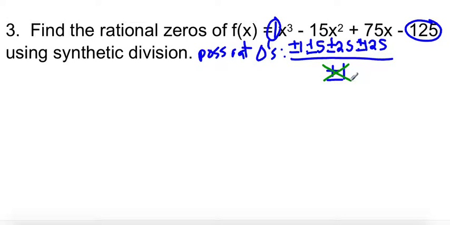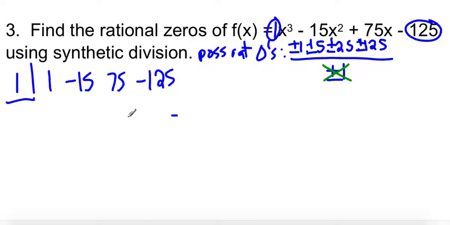Okay. So instead of just plugging them in with my calculator, doing f of 1 and f of -1 and f of 5 and f of -5, I'm just going to use synthetic division to try and plug 1 in. I'm going to try 1 because 1's easy. So I'm going to put 1 in the box. 1, -15, 75, -125. And I'm going to use synthetic division. It's just like plugging it into the calculator.